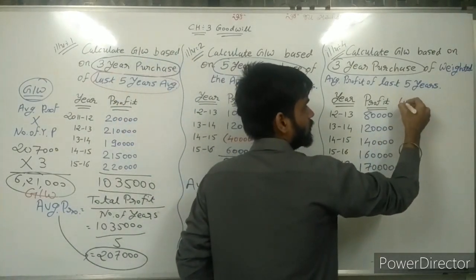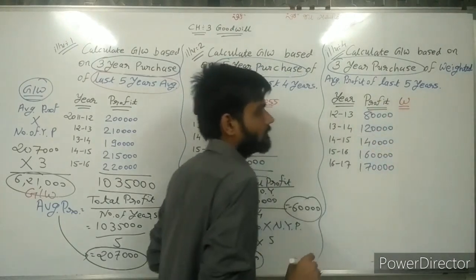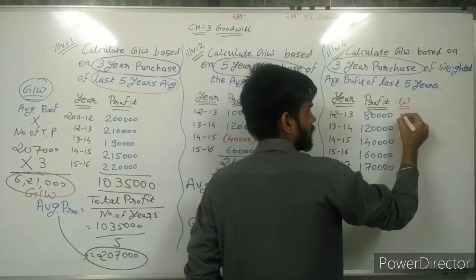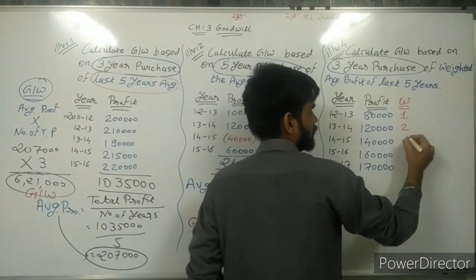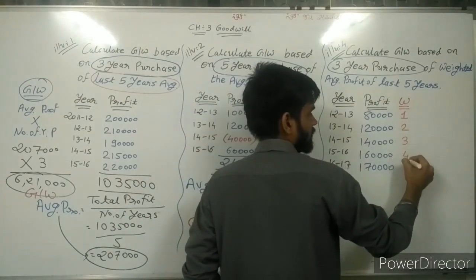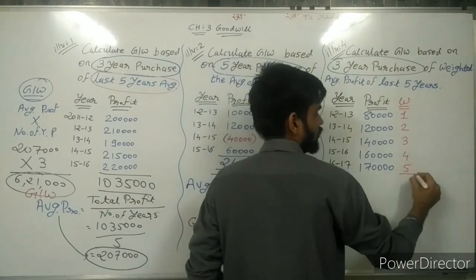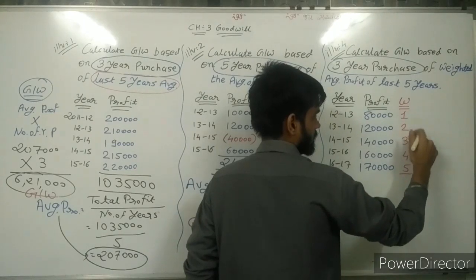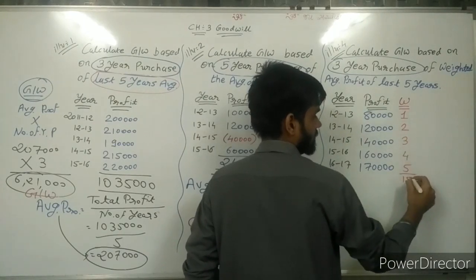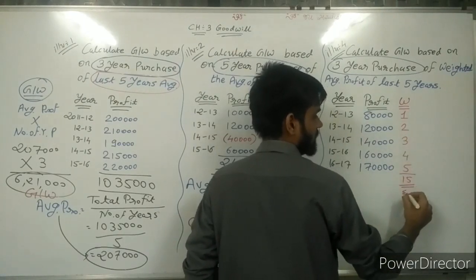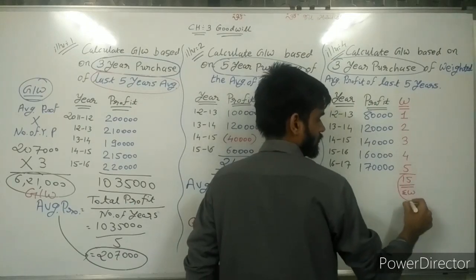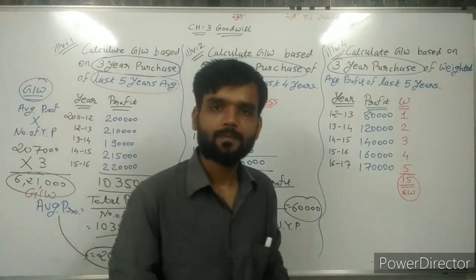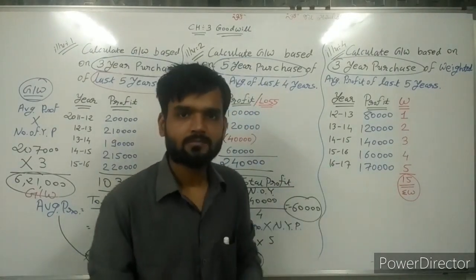Weight means W. Give weights 1, 2, 3, 4, 5. Total of these weights is 15. So sigma W is equal to 15.